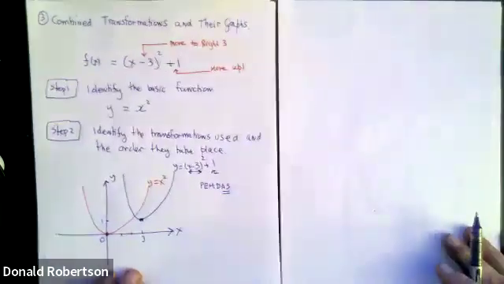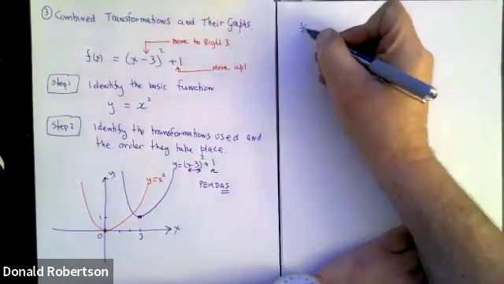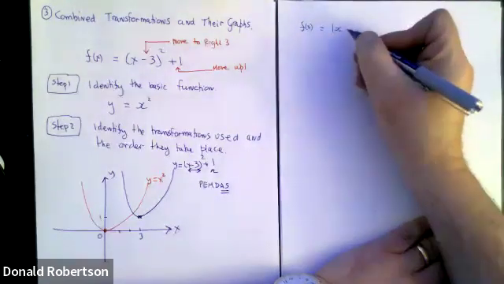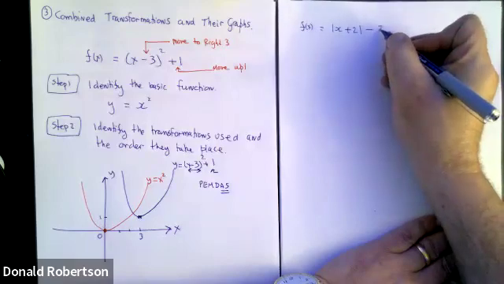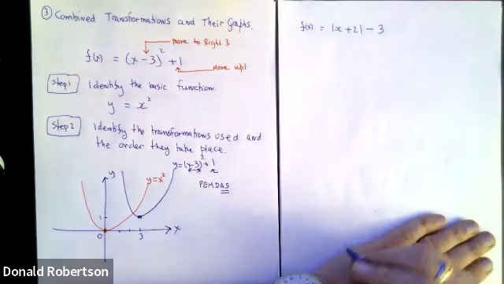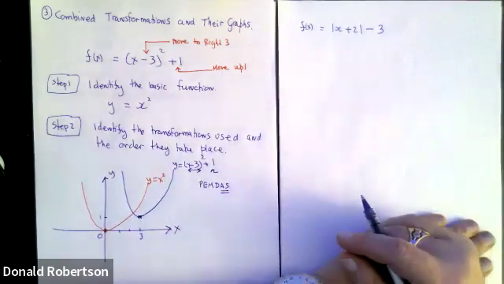Let's try something a little bit trickier. Do an absolute value function. So I'm going to do the absolute value of x plus 2, minus 3. Now I'm looking at this function and I would like to do a sketch of it by hand without any software.